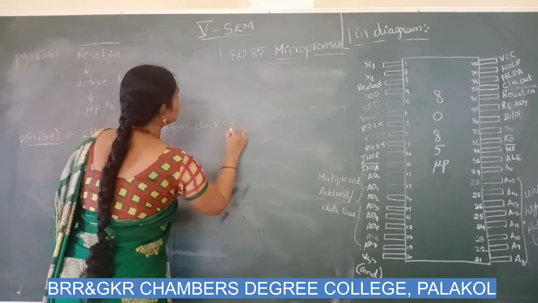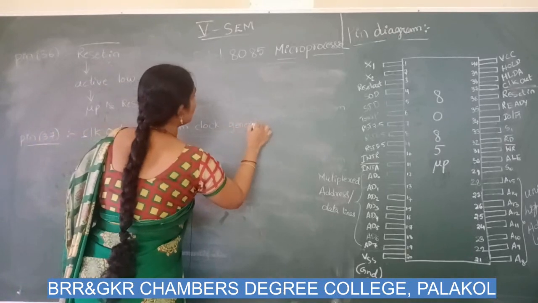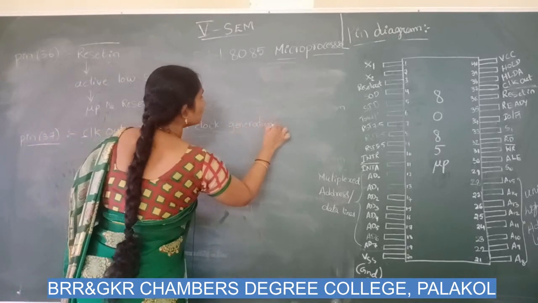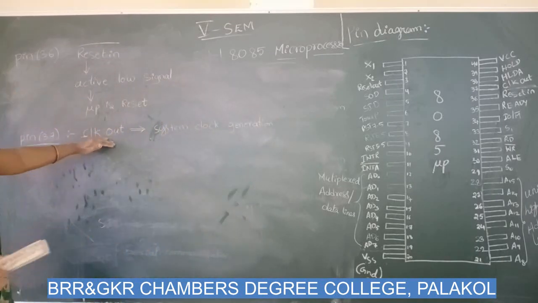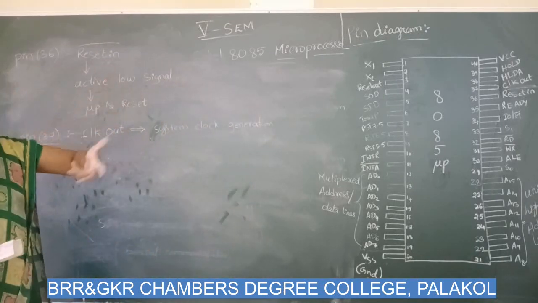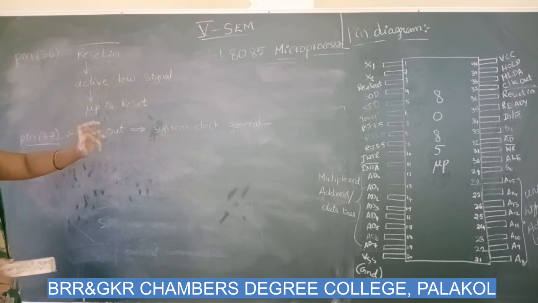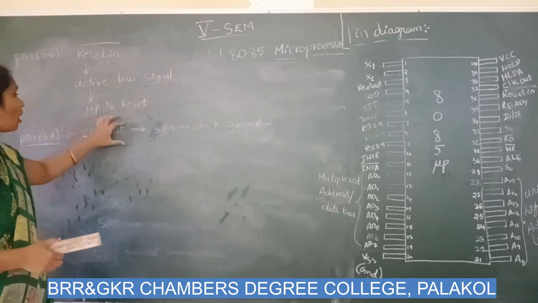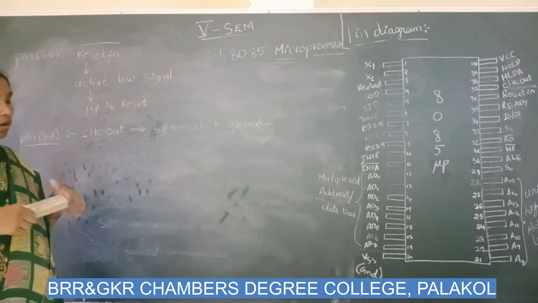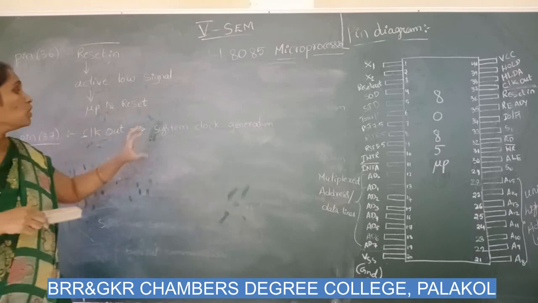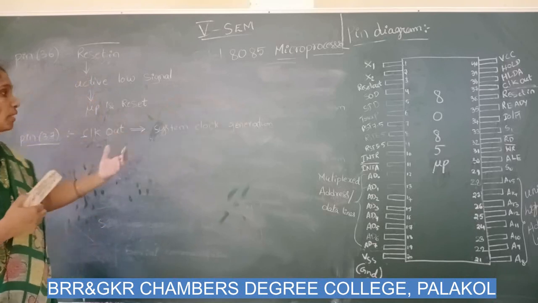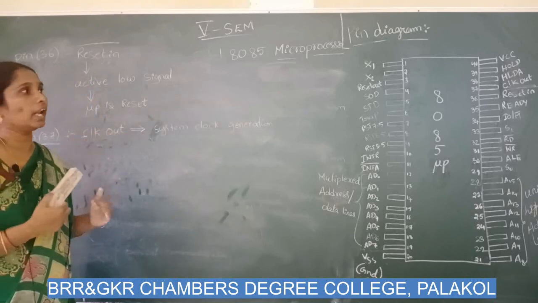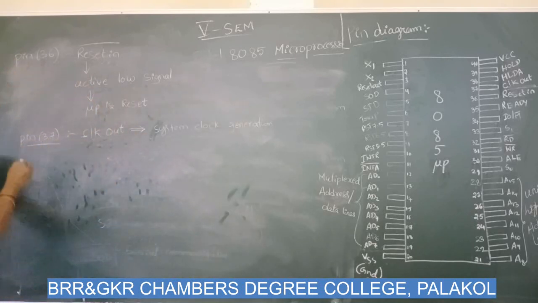The peripherals connected to the microprocessor need a clock, so this clock out will provide whatever clock we need. The system clock will provide this clock out signal.